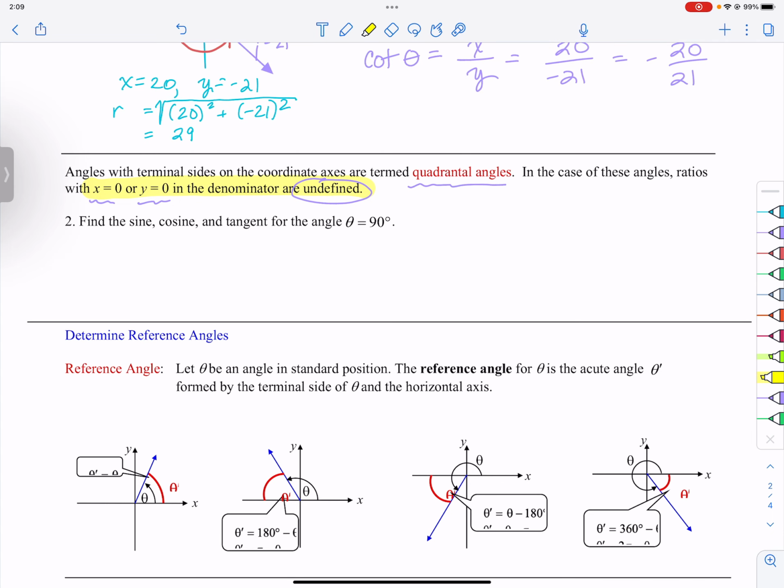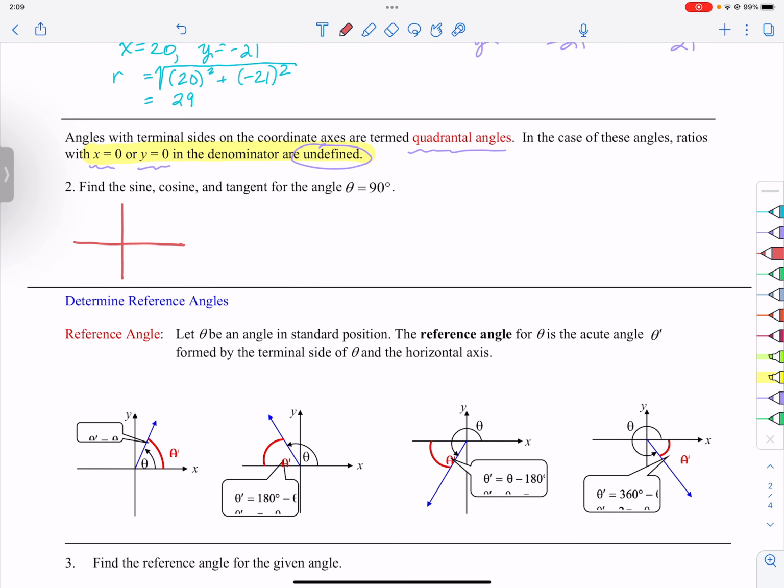So let's take a look at this example. Find the sine, cosine, and tangent for the angle theta equals 90 degrees. So I'm going to go ahead and just use our little 90-degree angle. For a 90-degree angle, what do you notice?